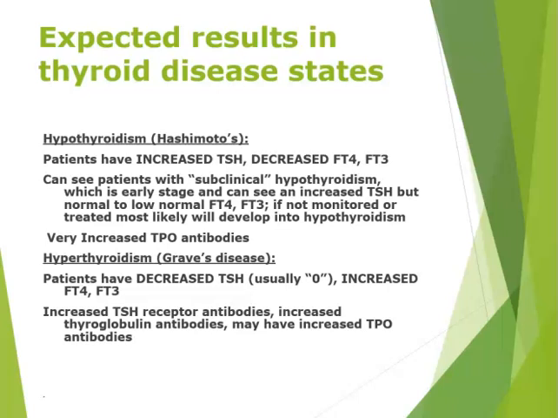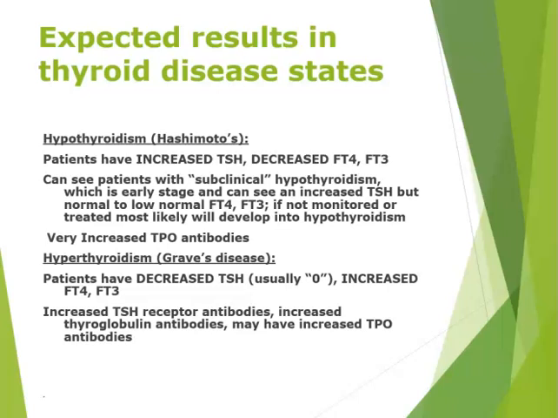You can see patients with subclinical hypothyroidism in early stages with an increased TSH but normal to low FT4 and FT3. If not monitored or treated, it will most likely develop into hypothyroidism. You will also see very increased TPO antibodies. Remember, you can test for these, and those will be increased.